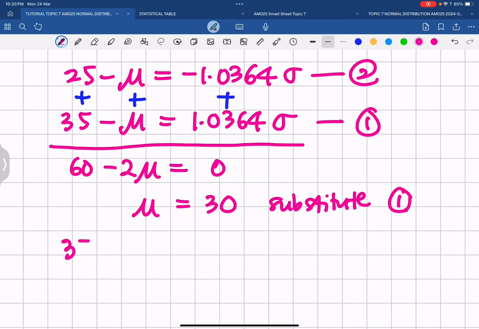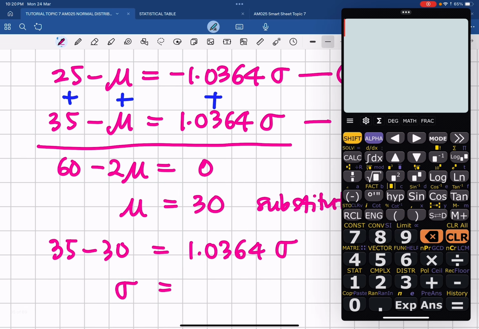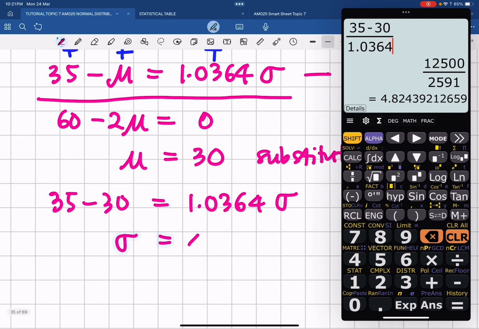So 35 minus 30 equals 1.0364 standard deviation, and we get (35 minus 30) divided by 1.0364, which is 4.8244.